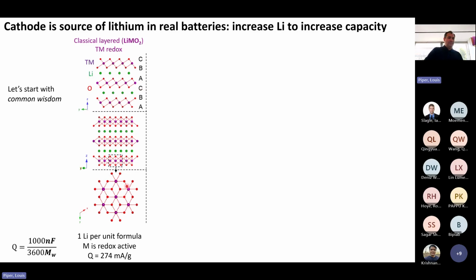And if we combine Faraday's laws of electrolysis, we can come up with a quick equation to determine, based on the mass charge ratios between the fully lithiated case and the fully delithiated case where we pulled out all the lithium, what our theoretical capacity is: around 274 milliamp hours per gram.